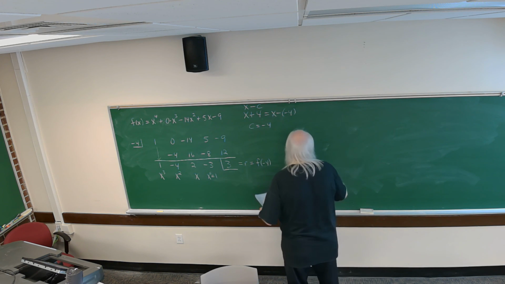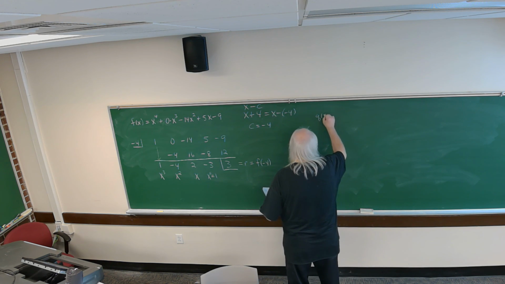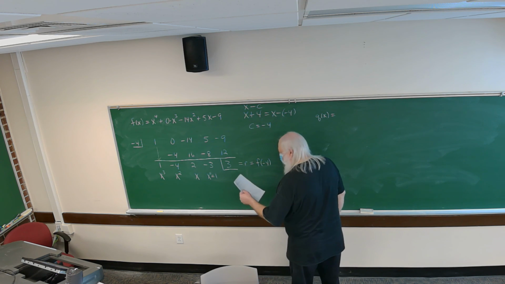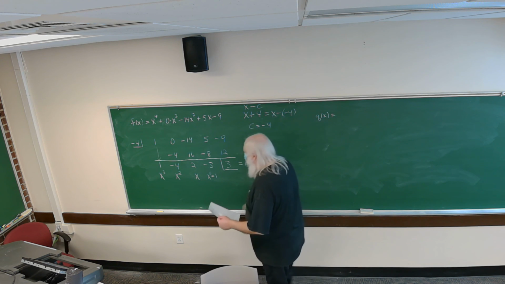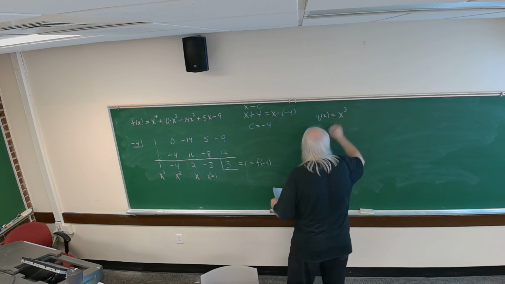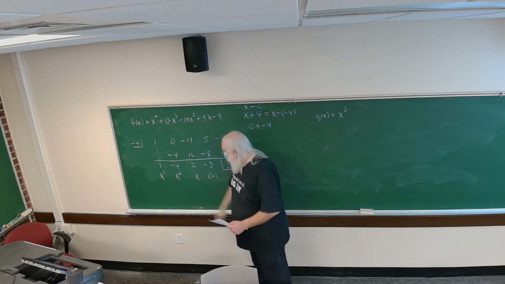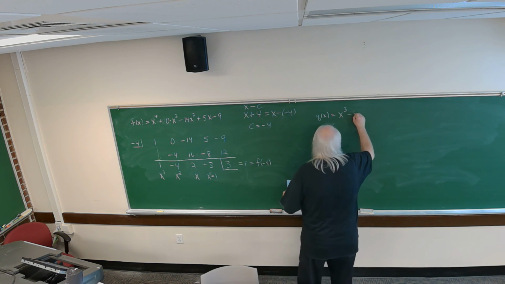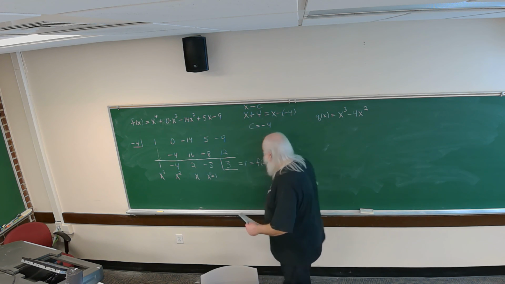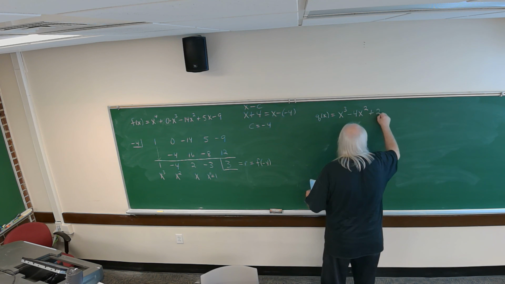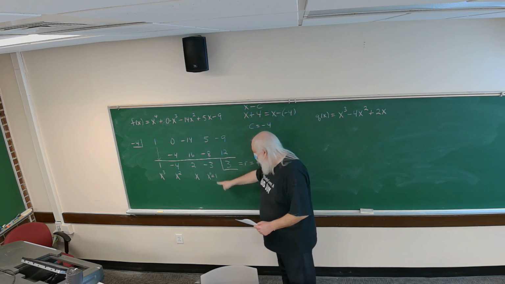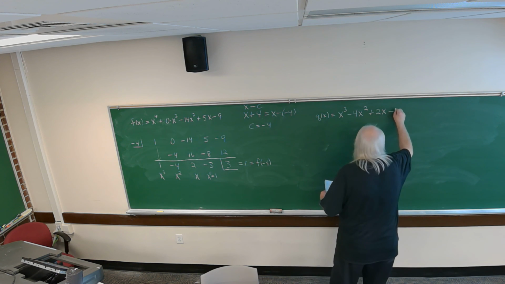So the quotient q of x in this case is equal to 1 times x cubed, which is x cubed, minus 4 times x squared, which is minus 4x squared, 2 times x, which is 2x, and the constant is minus 3 times 1, which is minus 3.